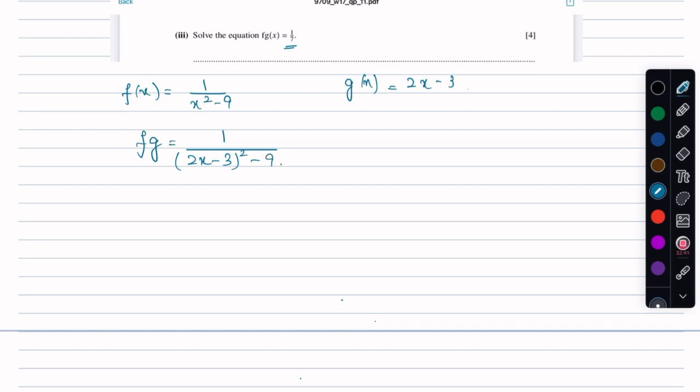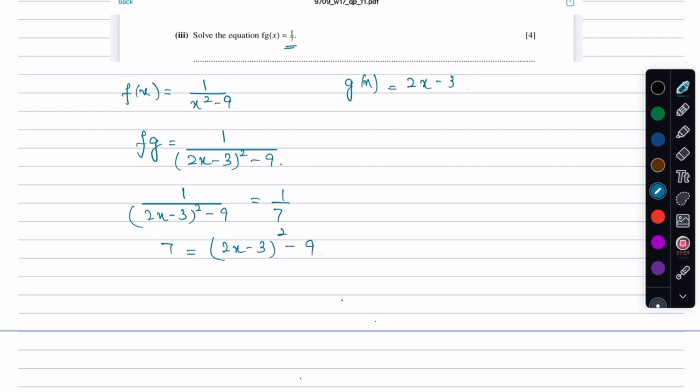The question says fg should be equal to 1 by 7. Therefore, I will be equating this to 1 by 7: 1 over (2x minus 3) the whole squared minus 9 equals 1 by 7. Cross multiplying, I can see that this is 7 equals (2x minus 3) the whole squared minus 9.